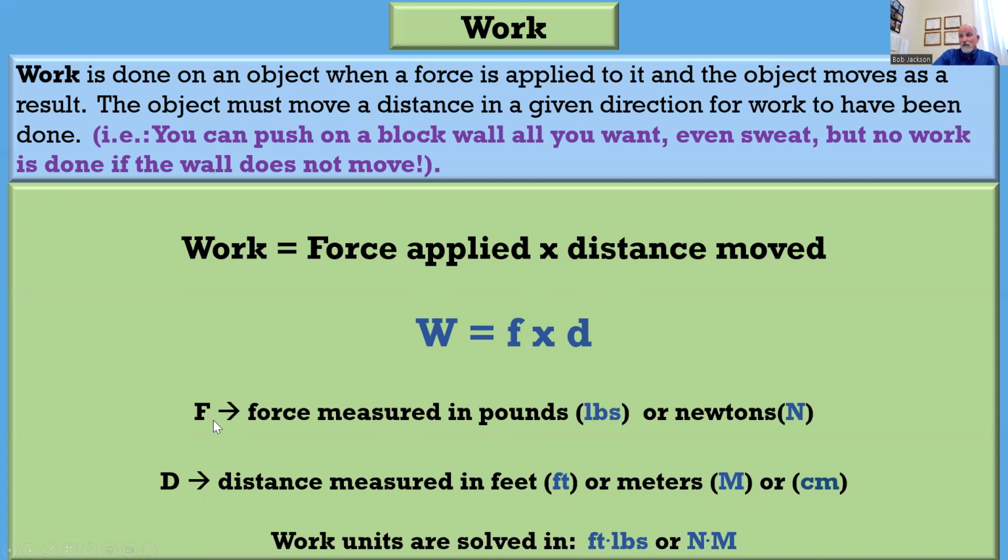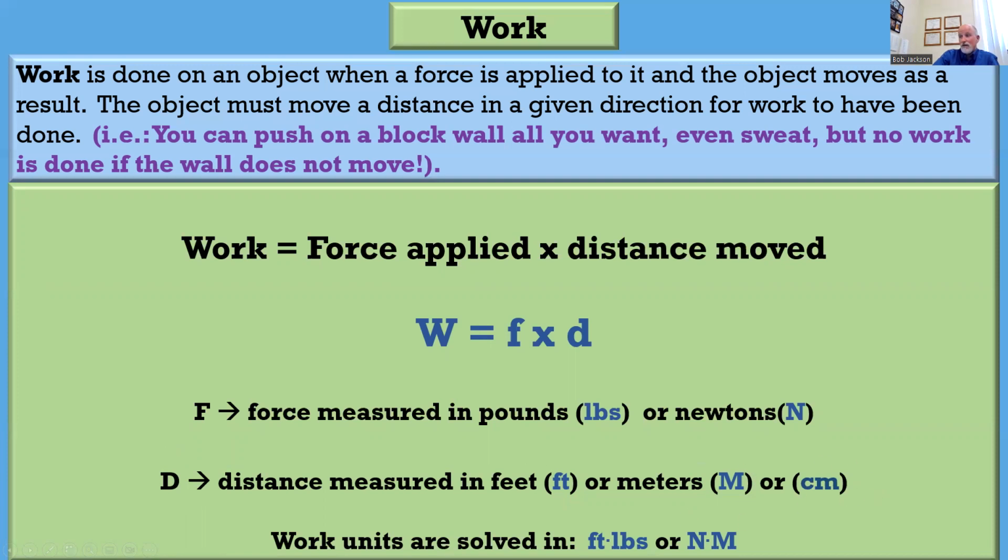Now force we typically measure in pounds in English units. If we go metric, we talk newtons. Distance is measured in feet in English units, meters or centimeters when we're metric.